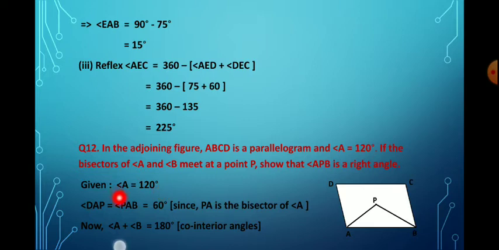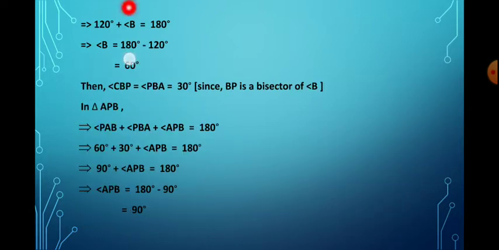Also, angle A plus angle B equals 180 degree. Why? Since it's a parallelogram, AD and BC are parallel sides and AB is a transversal. Hence, angle A and angle B are co-interior angles. So 120 degree plus angle B equals 180 degree. So angle B equals 180 degree minus 120 degree, that is 60 degree.